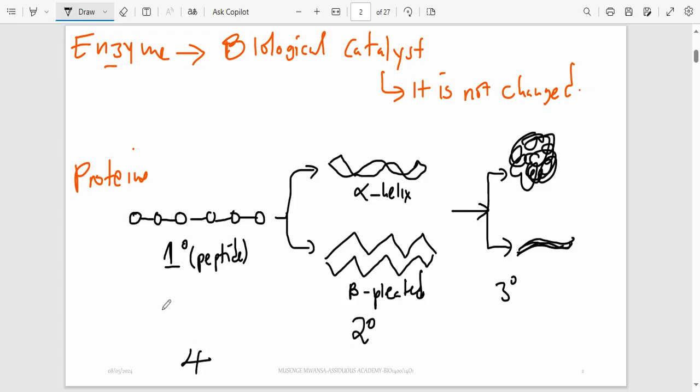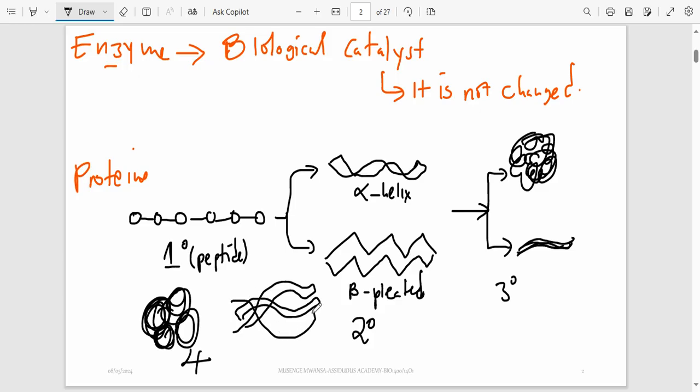For example, hemoglobin is a quaternary structure and is made up of 4 subunits, and you can see it's globular. And then you also have collagen. Collagen is also a quaternary structure because it has 3 chains put together to form it.